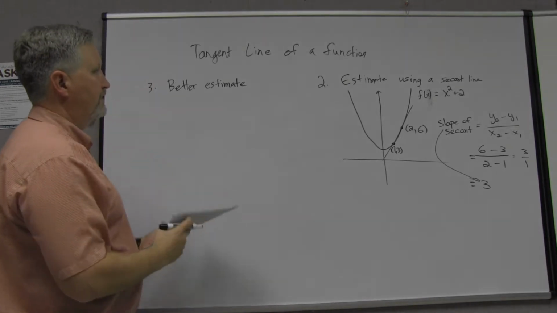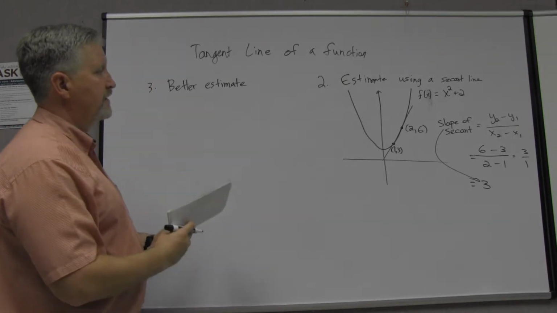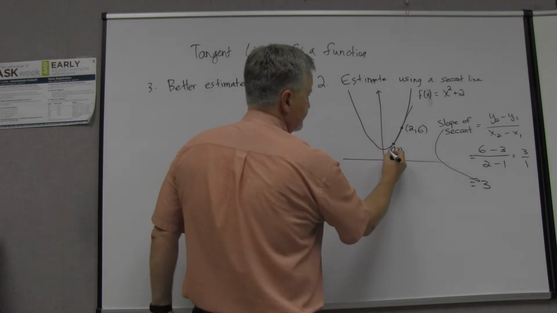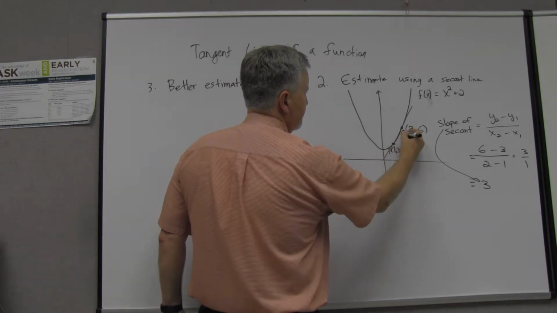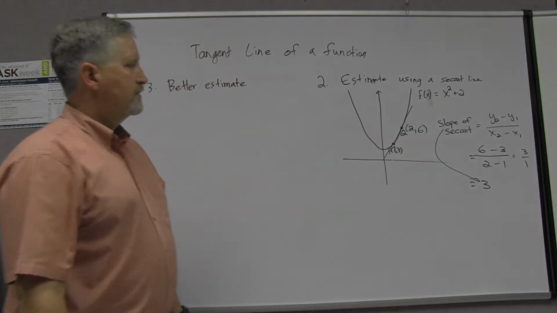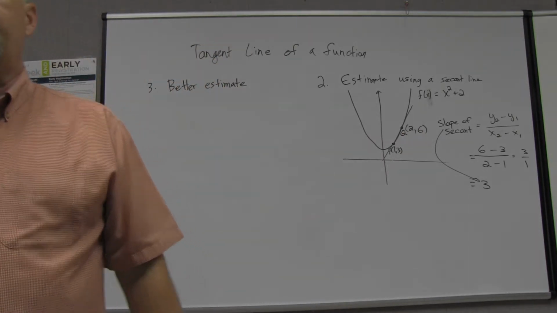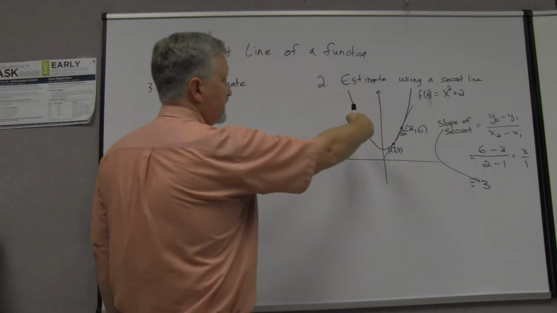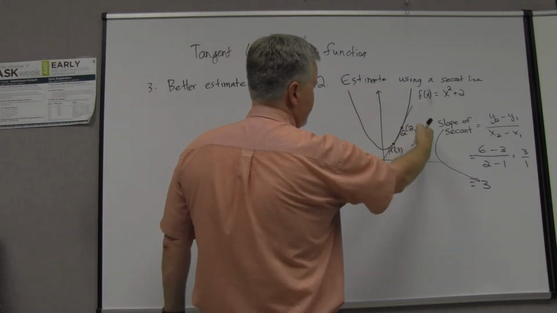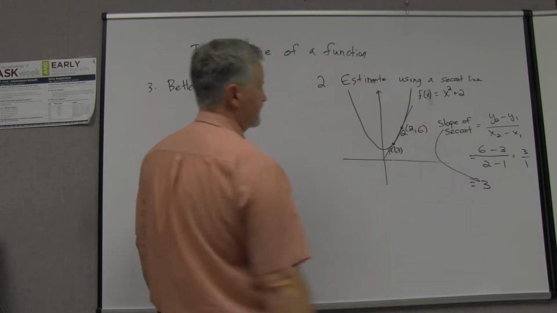oh yeah, by the way too, this is the way the book does it, they'll call this first point P and this second point Q. And so that's the estimate of the tangent line slope using the secant line through P(1,3) and Q(2,6).